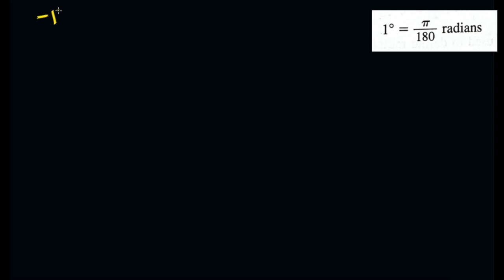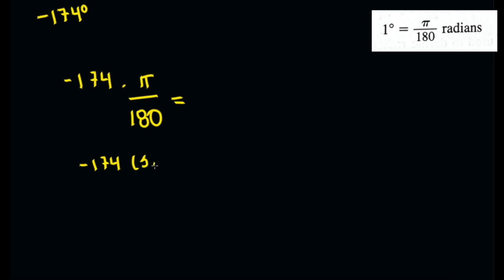This problem says negative 174 degrees. So first, we are going to write negative 174 times pi divided by 180. We're going to convert pi to 3.14, so our equation says negative 174 times 3.14, all divided by 180.